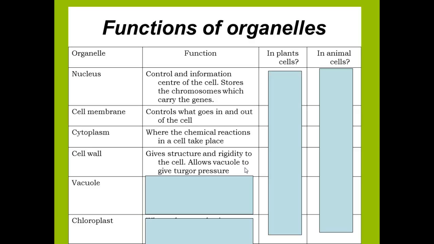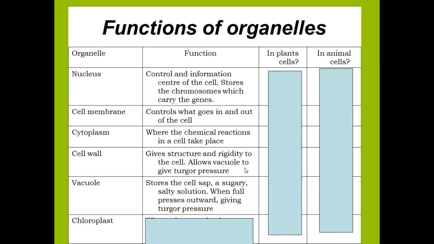And mitochondria are the sites of aerobic respiration, whereas anaerobic respiration happens in the cytoplasm itself. The vacuole stores the cell sap, that's a sugary, salty solution, and when it's full, it presses outwards, giving that turgor pressure that we just discussed. And chloroplast, that is where photosynthesis occurs, contains chlorophyll, that gives sugars for plant nutrition.